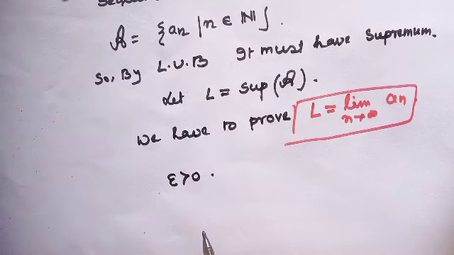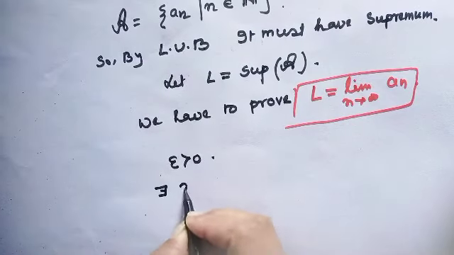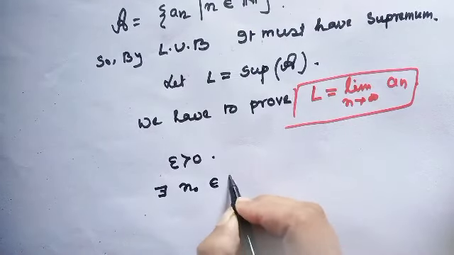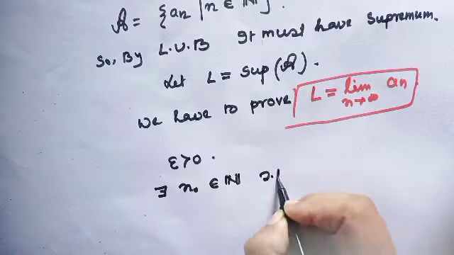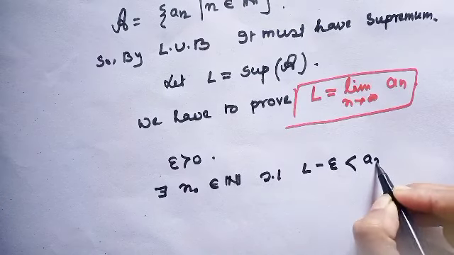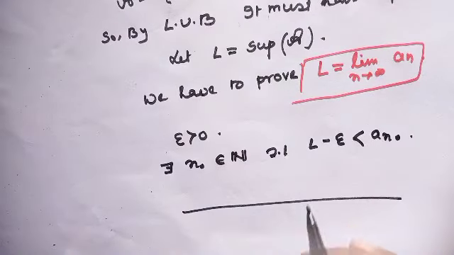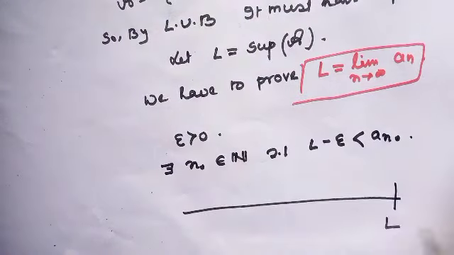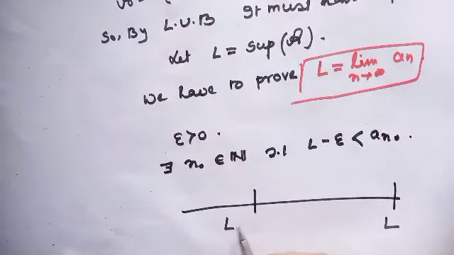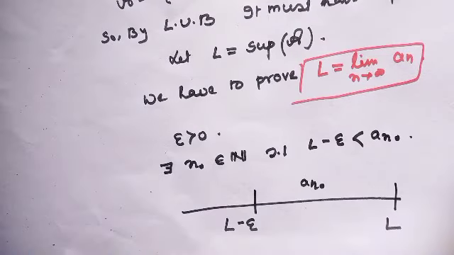By the definition of the supremum, there exists n naught belonging to the natural numbers such that L minus epsilon is strictly less than a_{n naught}. Okay, that means this is L, this is L minus epsilon, and this is a_{n naught}, and this is true by the definition of the supremum.